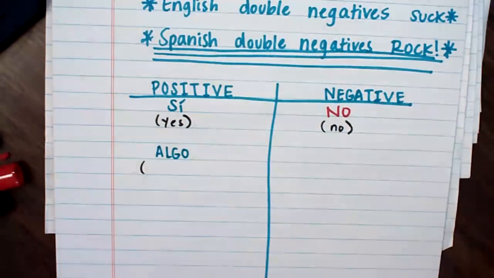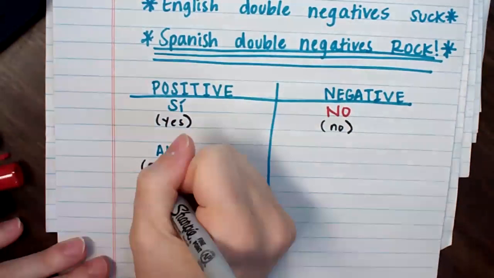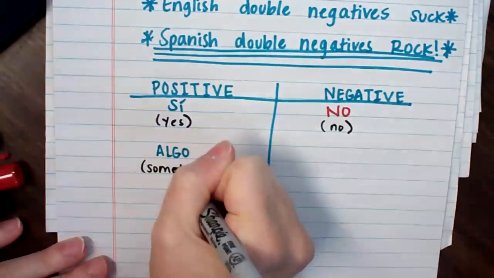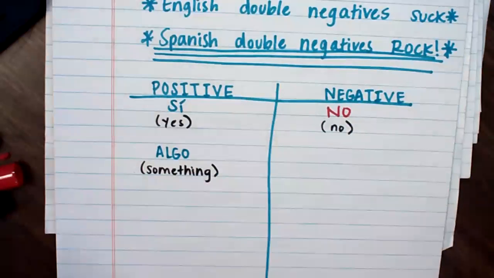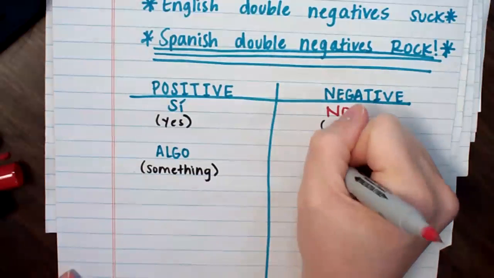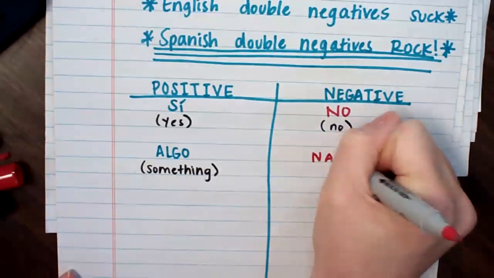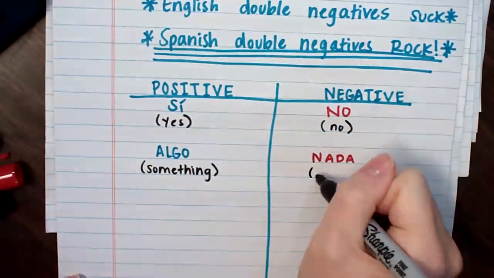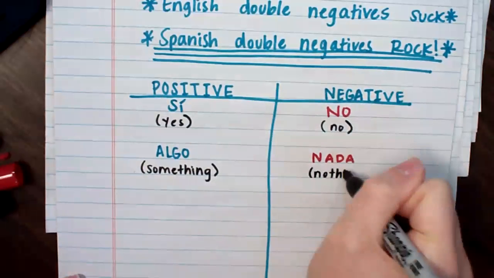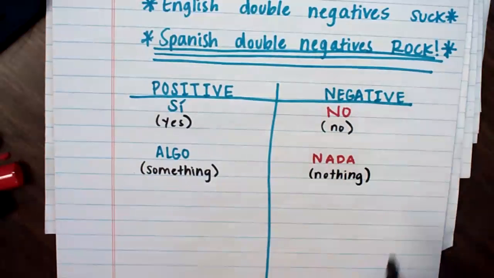So the word algo just means like something. So the opposite of something, or algo, is nada. And nada is nothing.